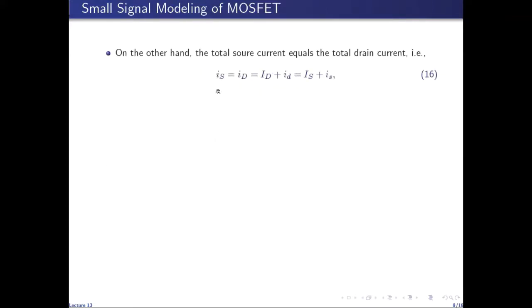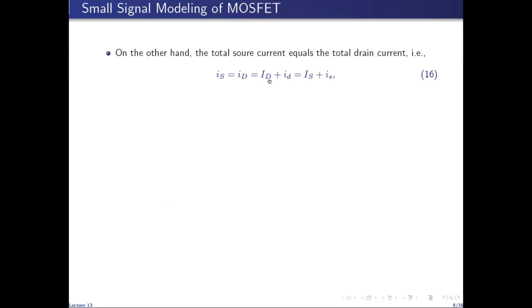Furthermore, we know that since there is no gate current, the current which flows from the drain towards the source through the conductive channel, which we call the drain current, is also equal to the source current. So the source current is equal to the drain current, and the drain current has two components, the DC component and the AC component.